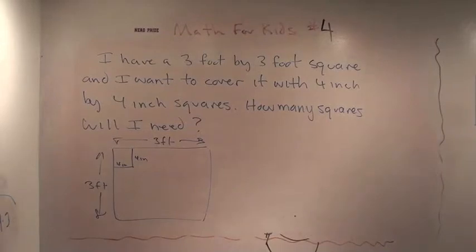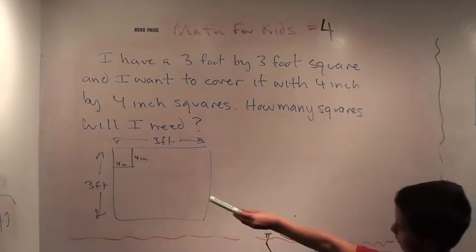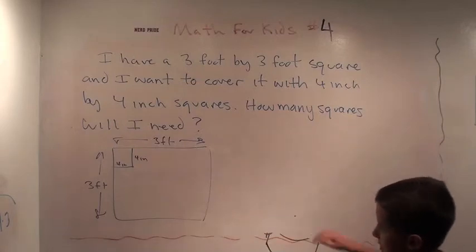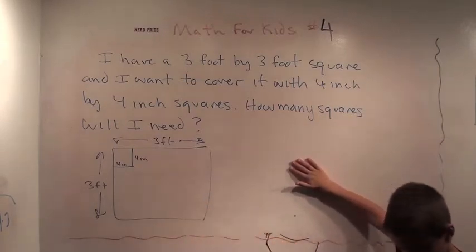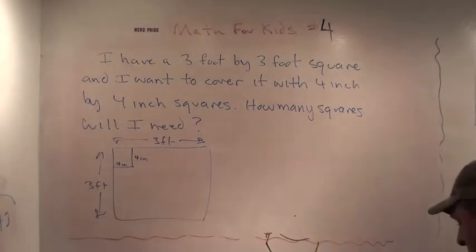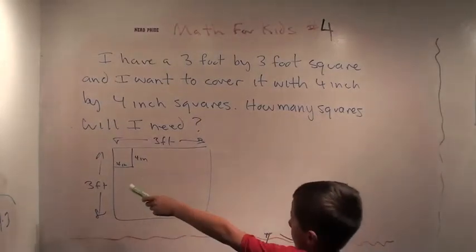Okay, so stand up, sweetie. I have an idea. We can figure out how many tiles we'll need to complete a side. How many tiles do we need to complete a side? How are we going to figure that out?